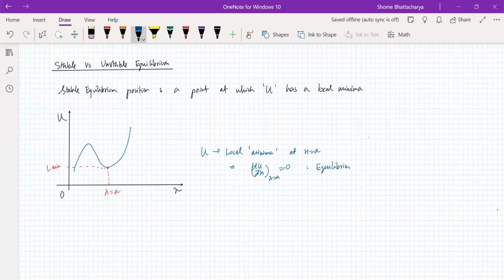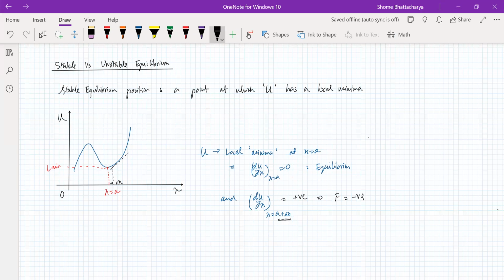But it also means, what about du by dx at a point like this, slightly beyond this point? So if I'm now talking about a point over here, where this is delta x beyond, you can see that the slope here is positive. So that means what about the force?